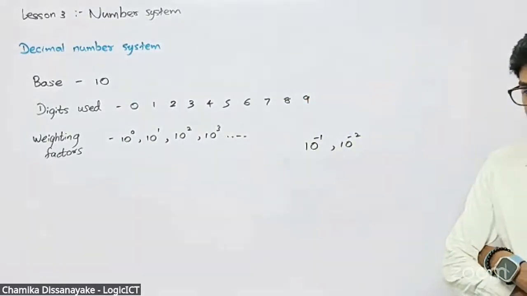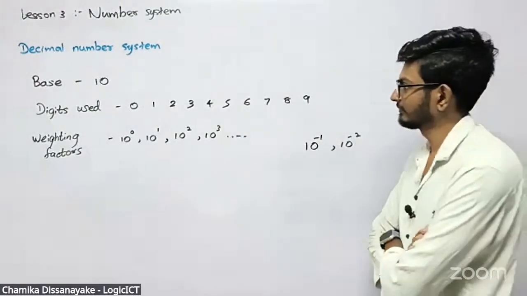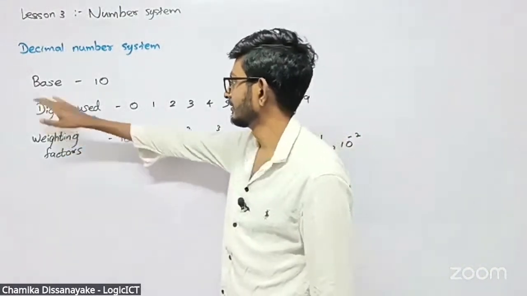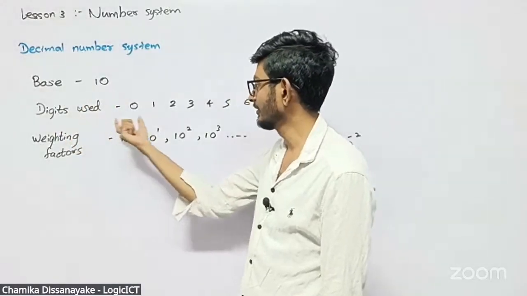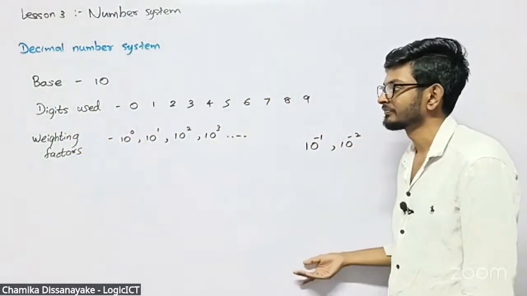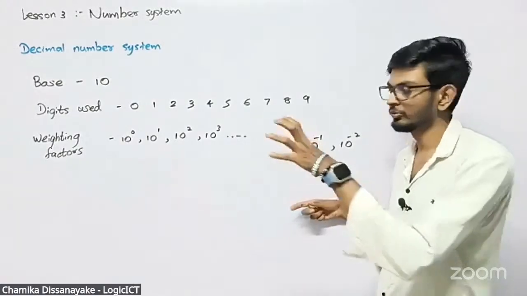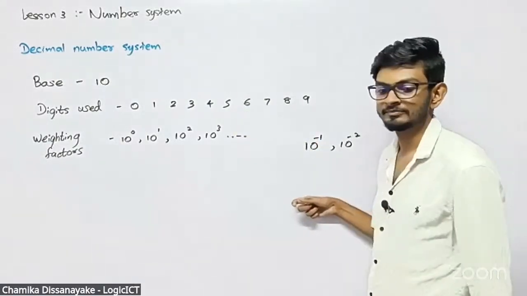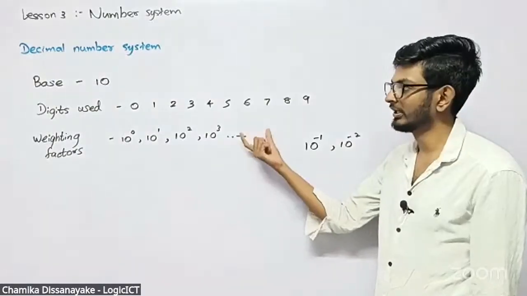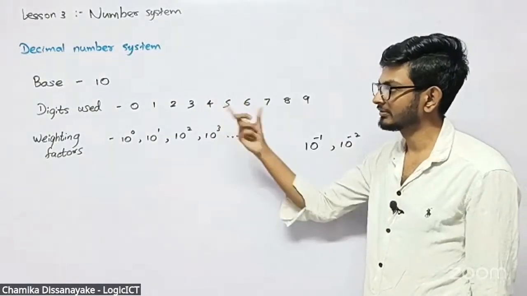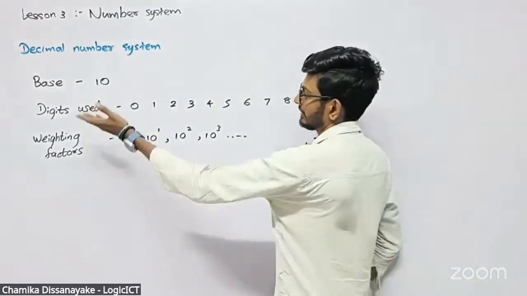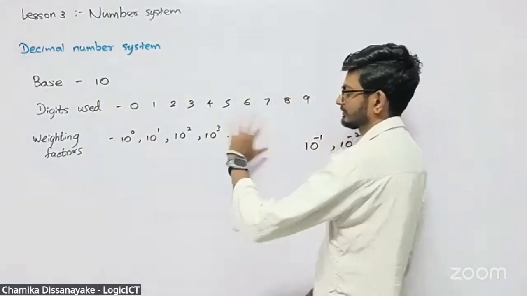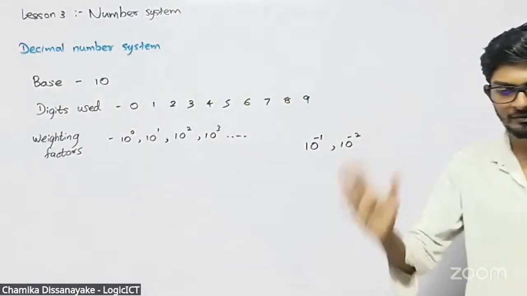Then just write: base 10, digits used are these, likewise. In your tute, you will have a table. You have to just fill out these things, but for now you don't have the tute. So just write base 10, digits used, and then raise your hand.